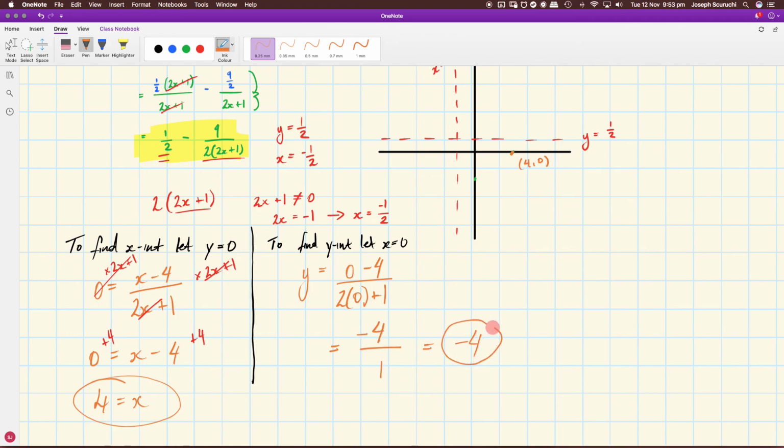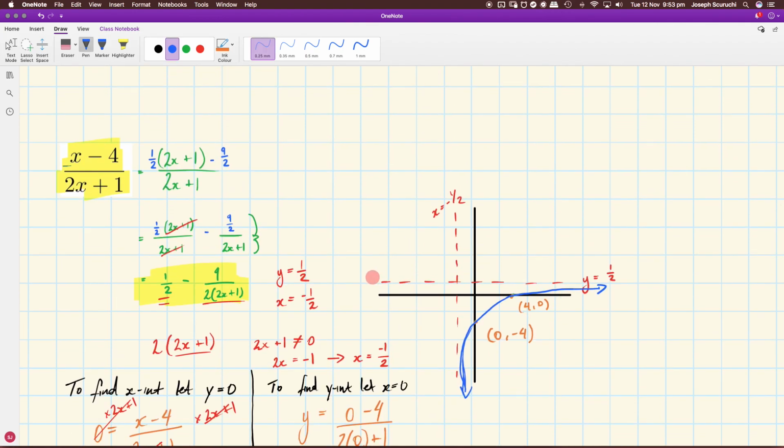That will be my y-intercept. So right here, it will be 0, negative 4. I can then graph this. Let me graph it in blue so I know where, whoops, sorry, this is very hard to graph on this tablet. So that's going down. It's going like that. Sorry about that. And then this is going to be doing this.